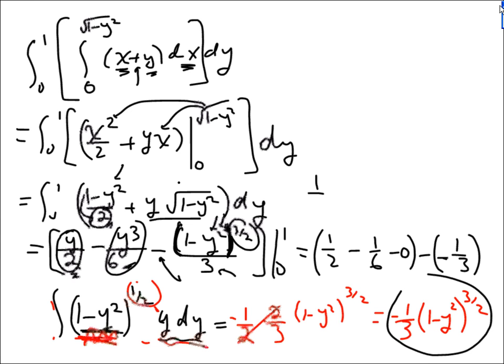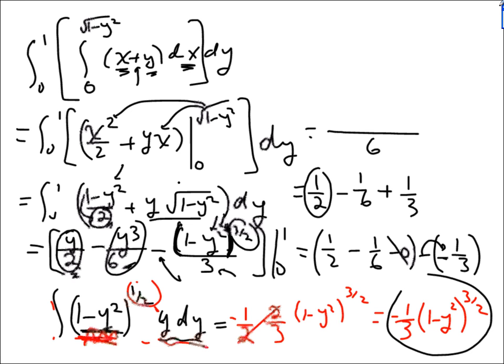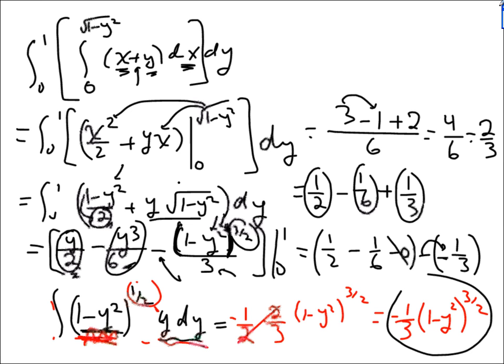So moving upward, you have 1 half minus a 6. Forget about the 0. Minus a negative a third. That means plus a third. Let's write everything over 6. 1 half, 1 out of 2 is 3 out of 6. 1 out of 6 is 1 out of 6. Plus 1 out of 3 is 2 out of 6. 3 minus 1 is 2, plus 2 is 4 over 6, which reduces to 2/3.